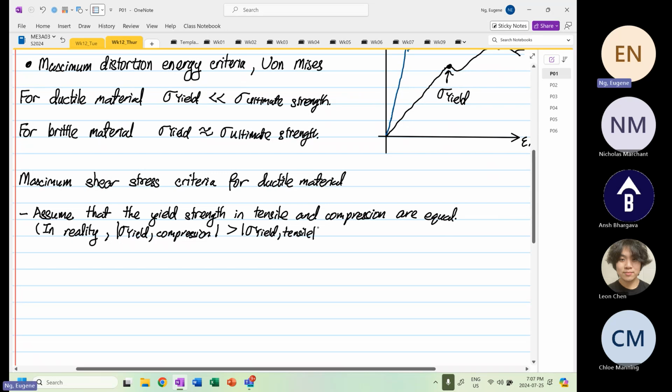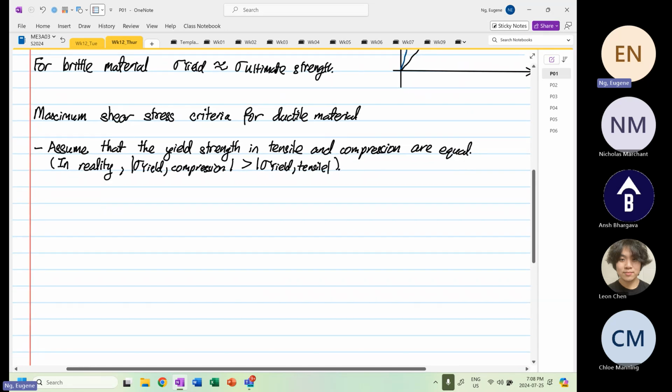Okay, this is real life. But on this criteria, we assume them to be the same. So the criteria takes the form that the maximum shear stress is equal to stress yield divided by 2.